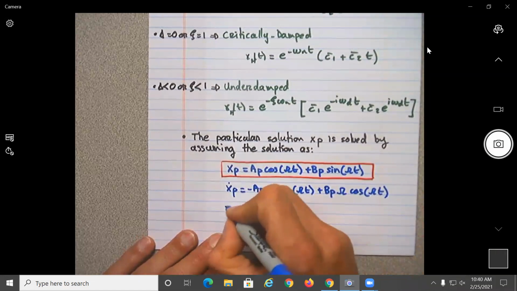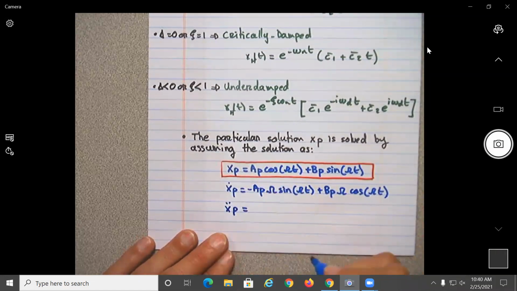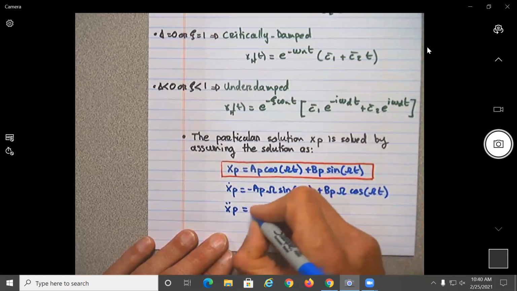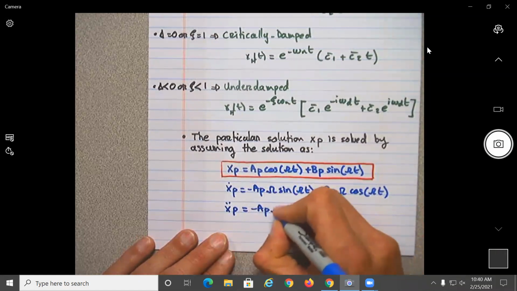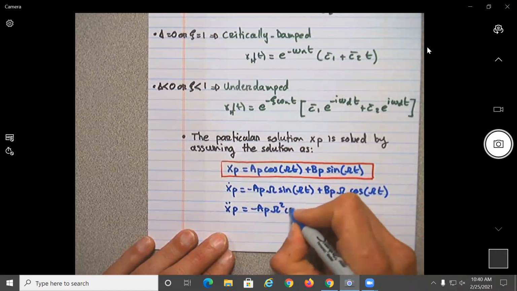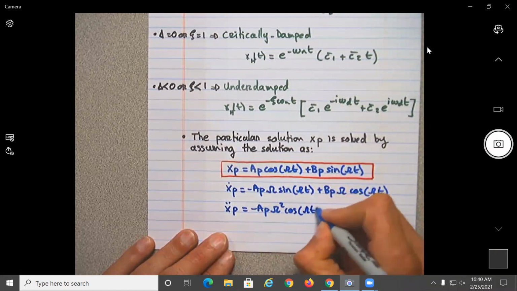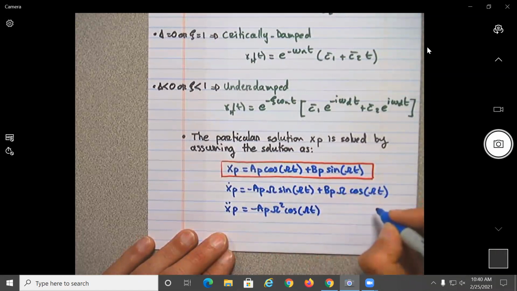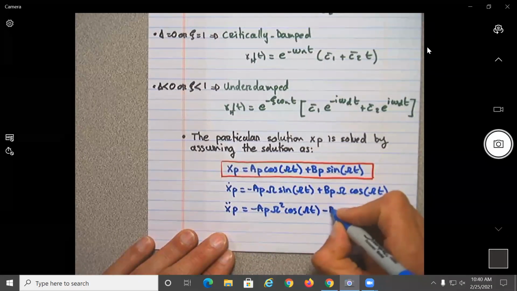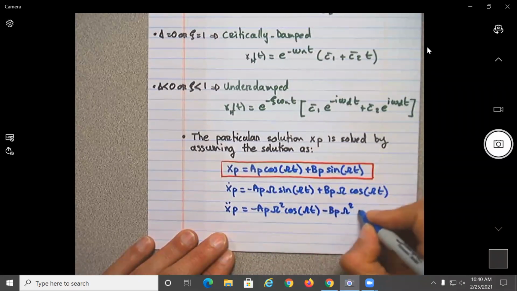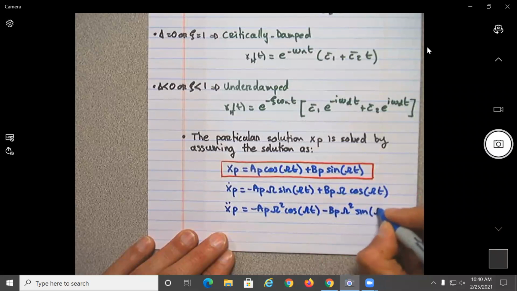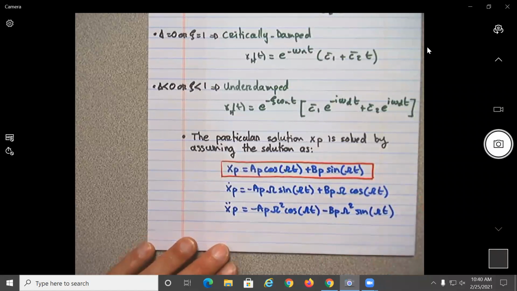And the x double dot of p will be equal to minus a sub p omega squared cosine omega t minus b of p omega squared sine capital omega t.